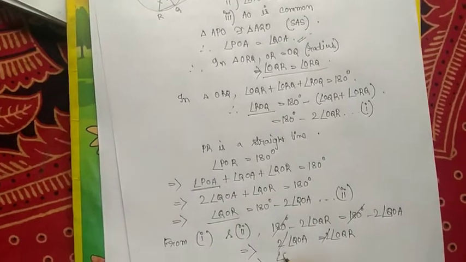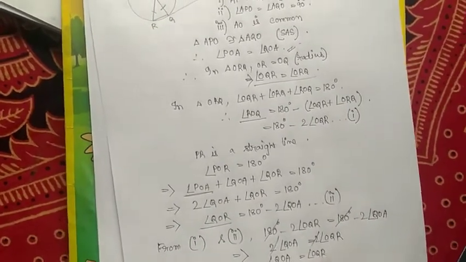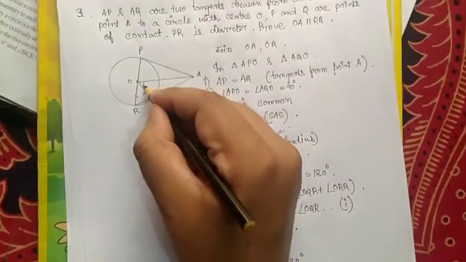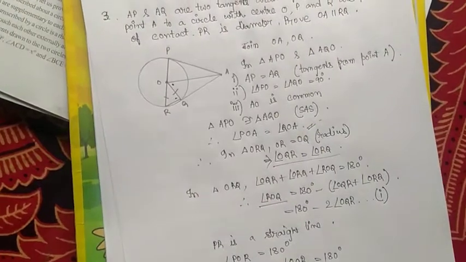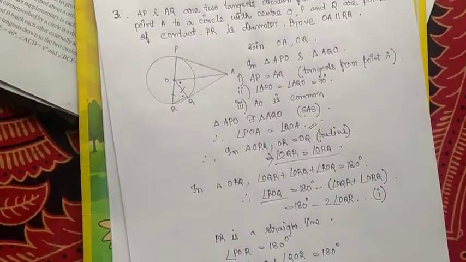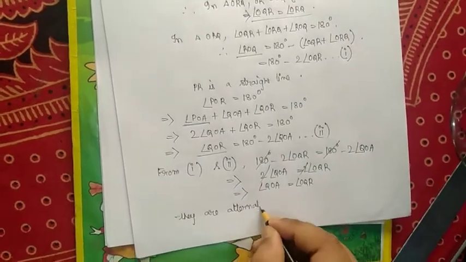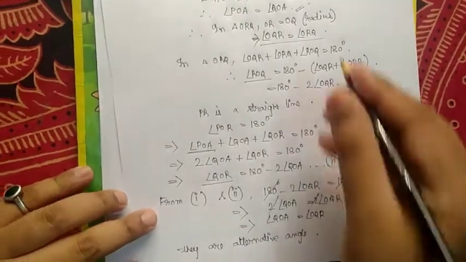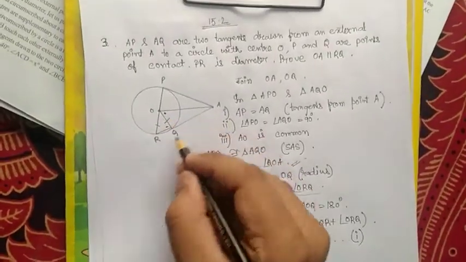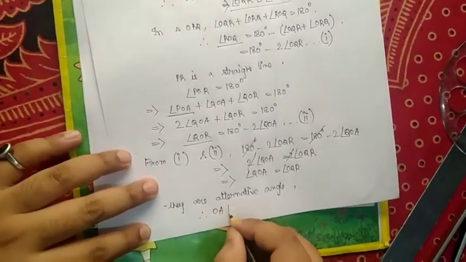So therefore angle QOA equal to angle OQR, both are same. QOA means this angle and OQR means this angle, so they are alternate angles. So if they are alternate angles, we can say that OA parallel to RQ. This is proof.